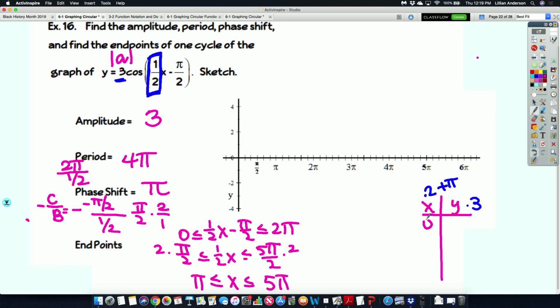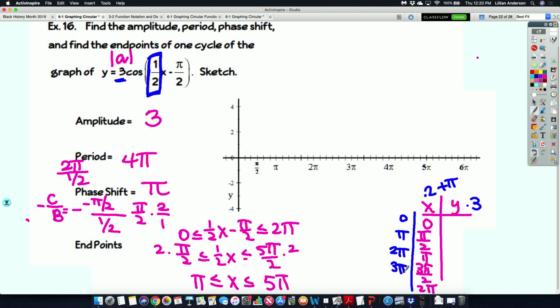So my x is 0, pi over 2, pi, 3 pi over 2, and 2 pi. I'm going to multiply each of those by 2, and then add pi. So let's multiply by 2 first. What's 0 times 2? Pi over 2 times 2? Pi times 2? 3 pi over 2 times 2?